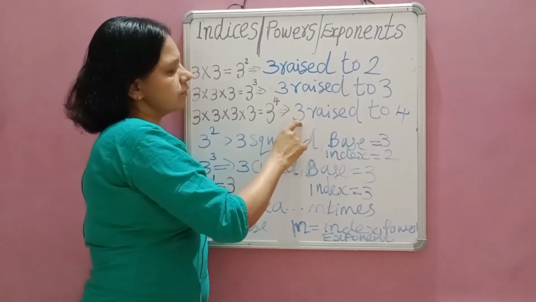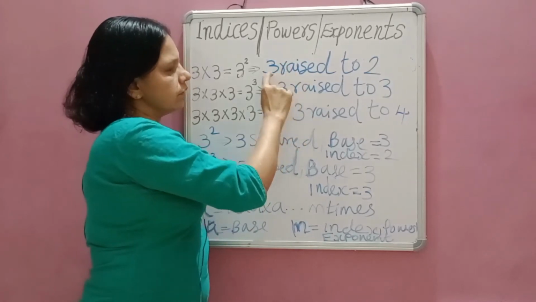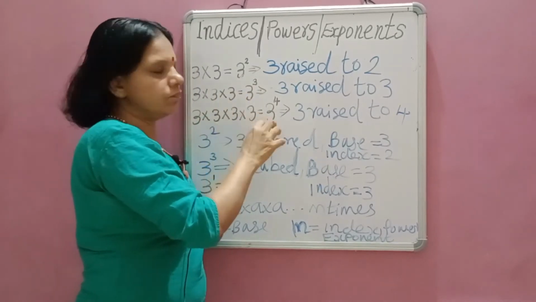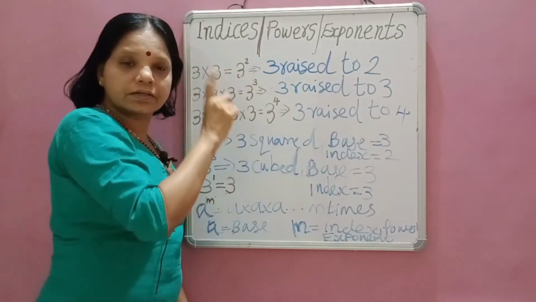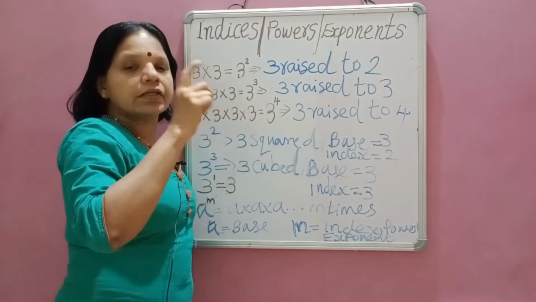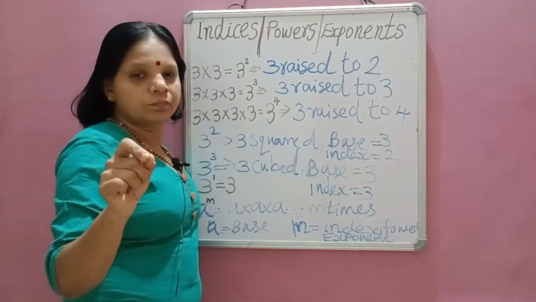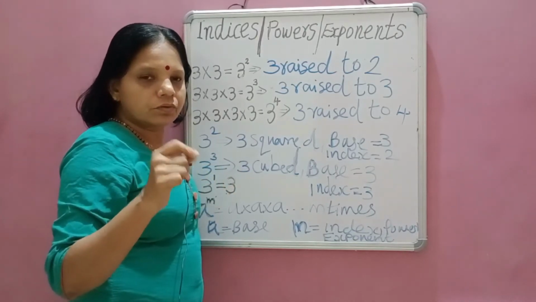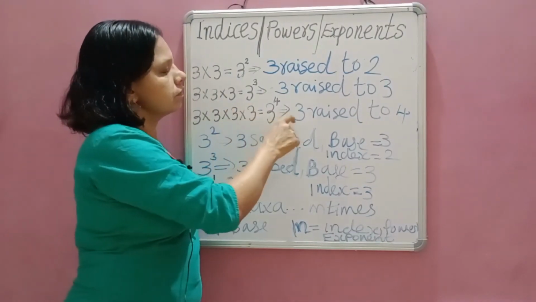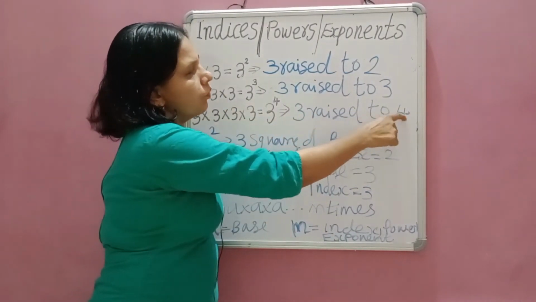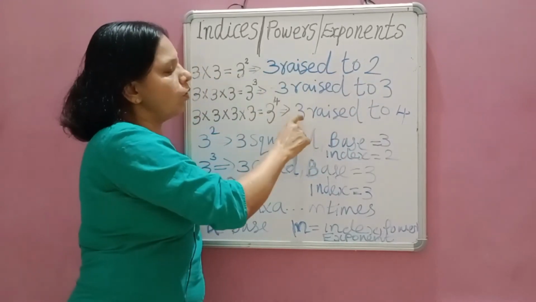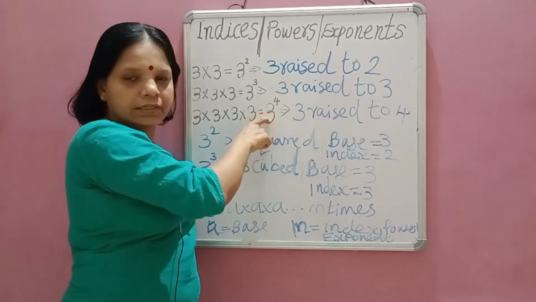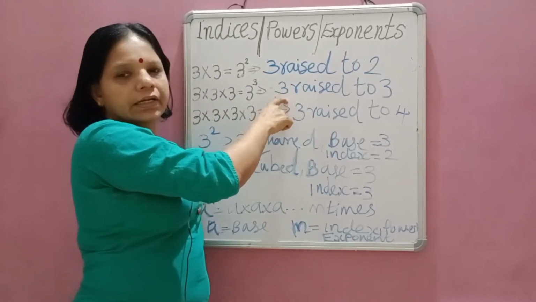Here there is no separate name like cube and square. Only when the index is 2, it is square, and when the index is 3, it is cube. This is 3 raised to 4, or 3 to the power of 4. 3 is the base and 4 is the index.